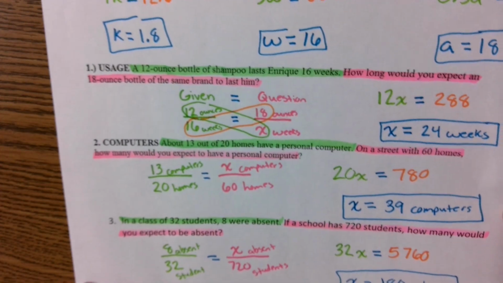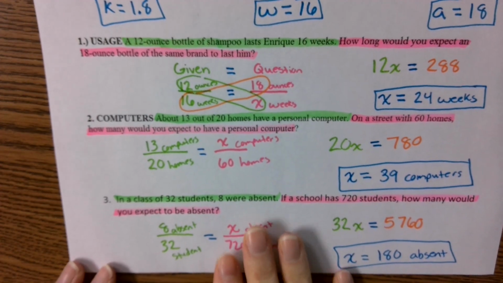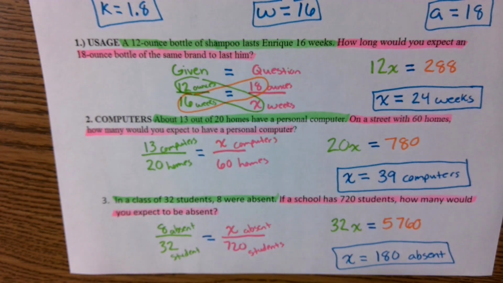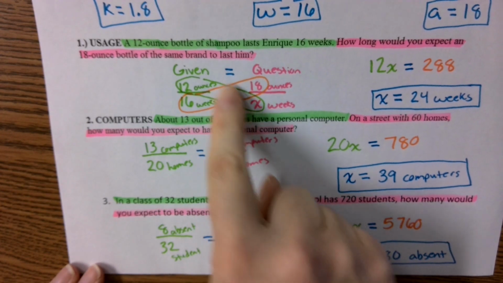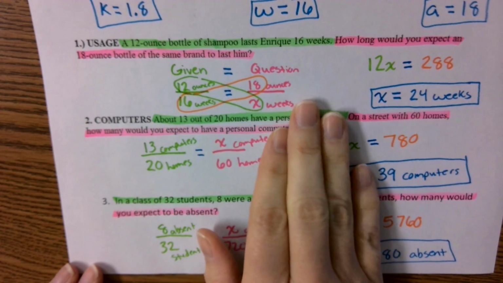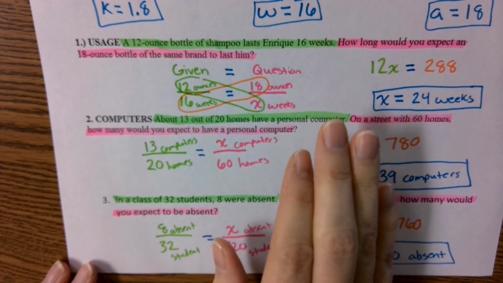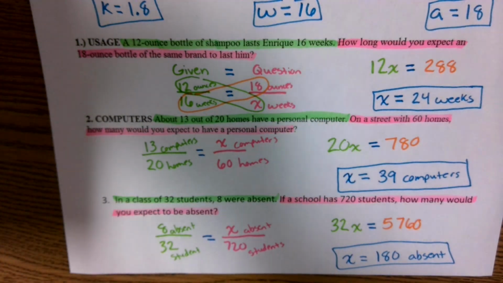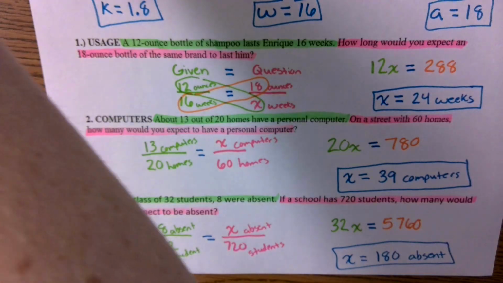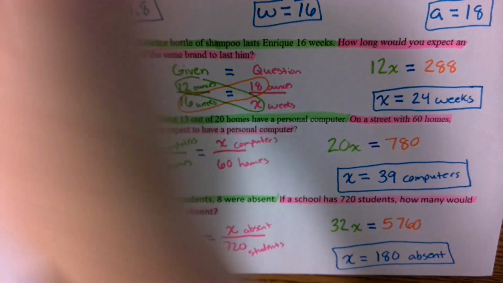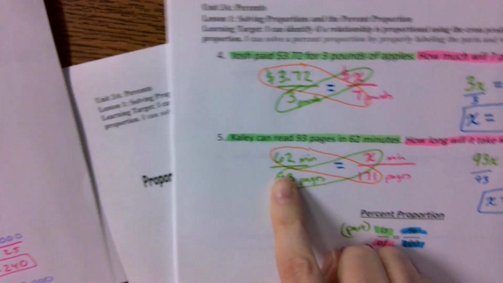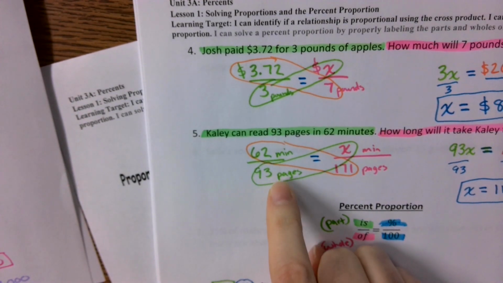Then we also talked about the importance of making sure that you set up your ratios correctly. So however you set up your first ratio is going to determine how you have to set up your second ratio. So you want to be very careful about that. I want to show you yesterday's, for problem number 5, I think you guys had set it up as 62 minutes over 93 pages.